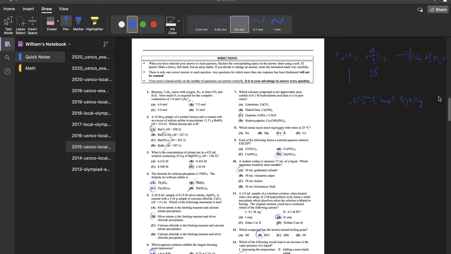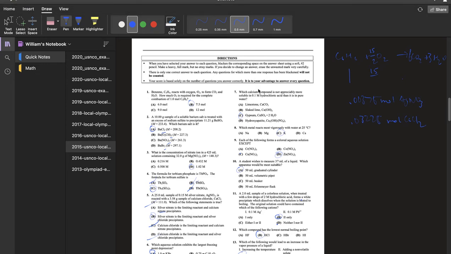And then if we do 3.58 divided by 111, we get this many moles of CaCl2. So obviously silver nitrate is limiting here. There's like 10 times less of it, and they're only reacting in a 2-to-1 ratio. And what precipitates? You can just eliminate A because nitrate stuff doesn't precipitate, so you would choose B.